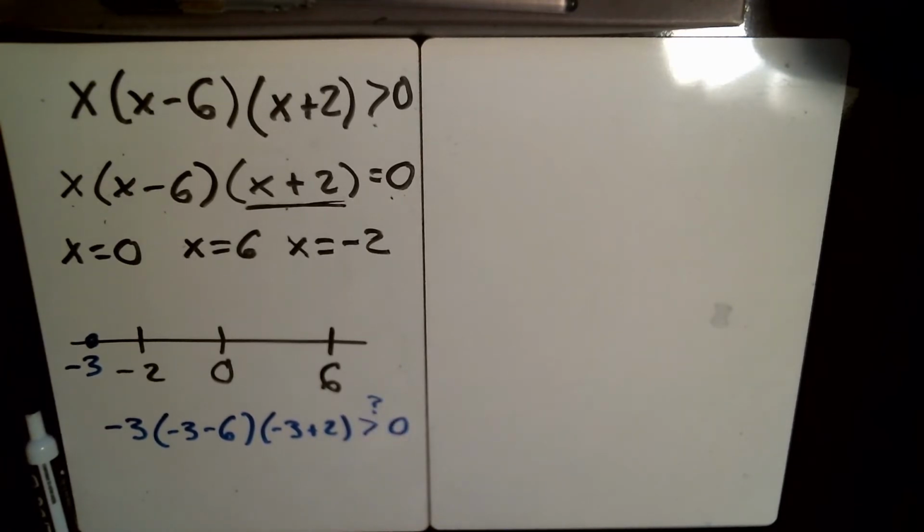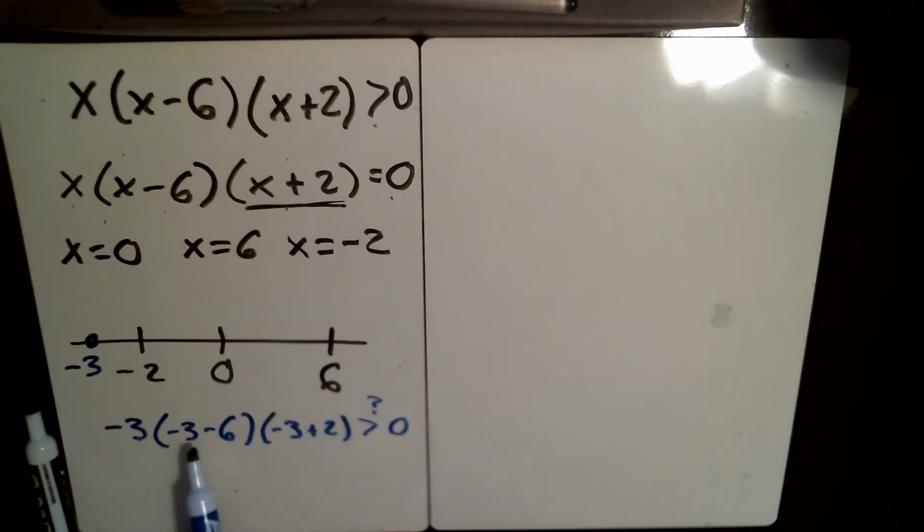For the greater than 0 case, all I really need to know is whether I'm going to have a negative or a positive number. -3 is negative, -3 minus 6 is negative, and -3 plus 2 is also negative.